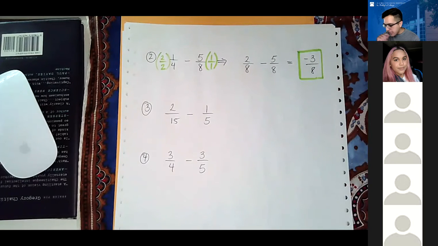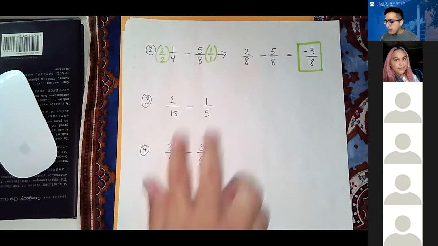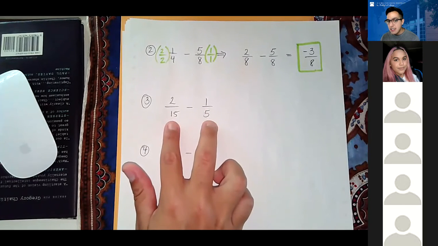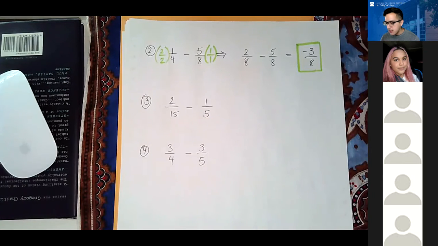Good stuff. Anybody want to take a run at number 3? Or can anybody tell me what the LCM or the LCD, least common denominator, for this set of fractions will be? Because sometimes once you start to get a feel for it, you can sort of look at it and guess. For number 3, it would be like 3/3.